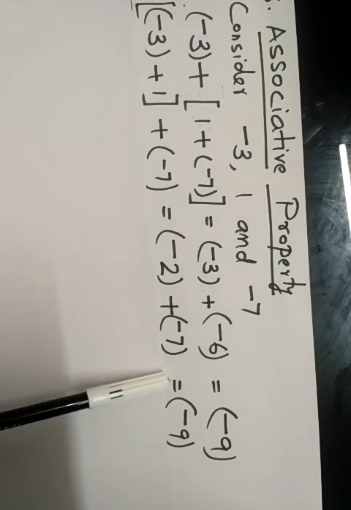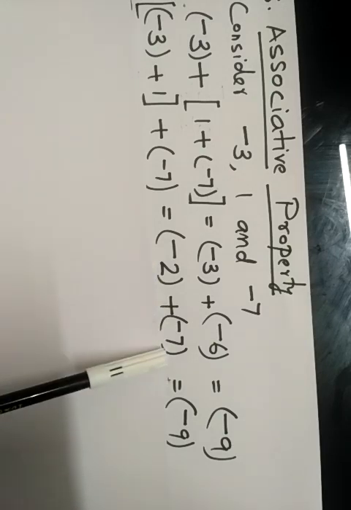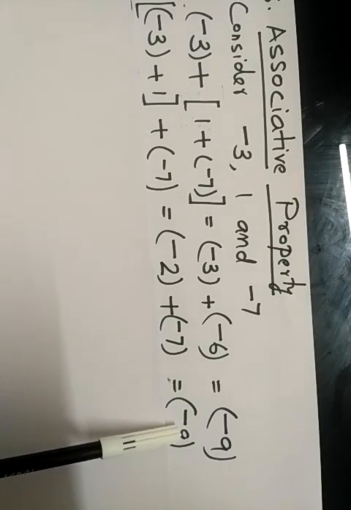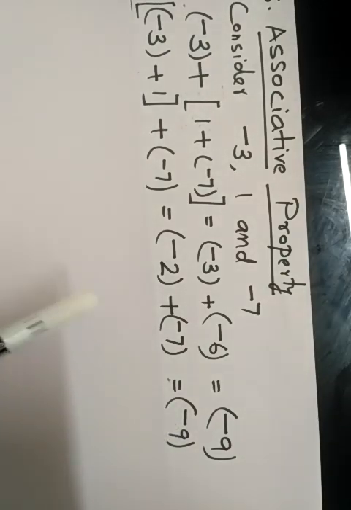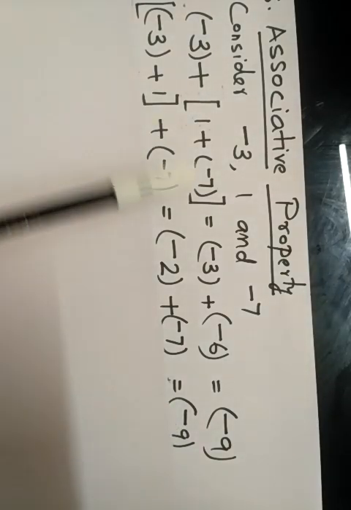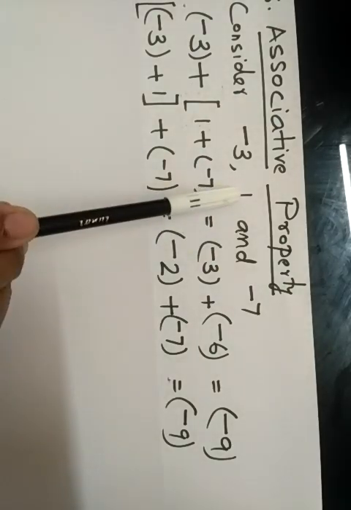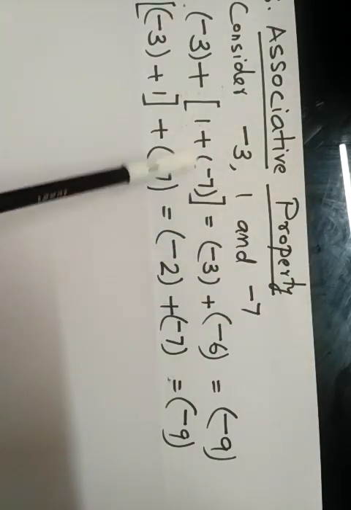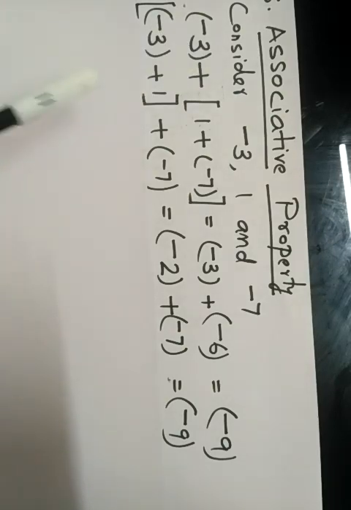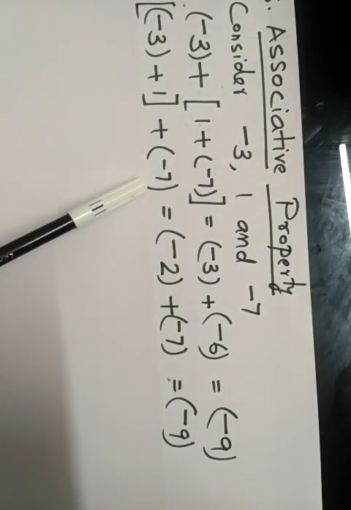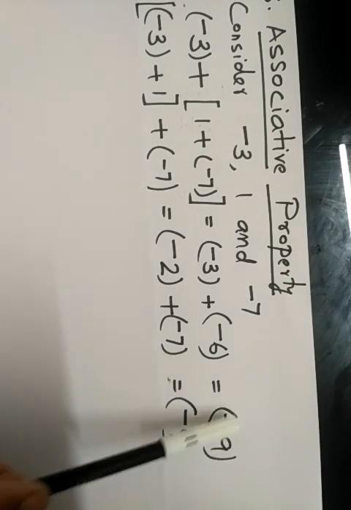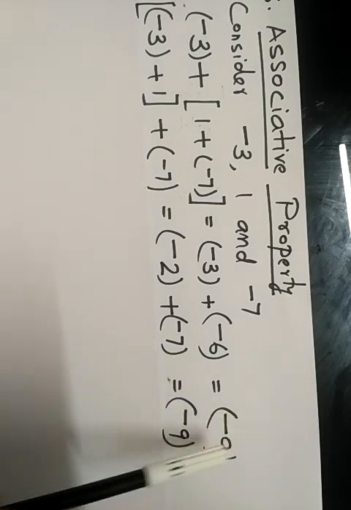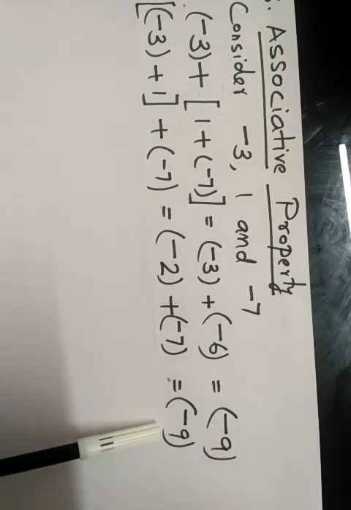What is minus 2 plus minus 7? It is equal to minus 9. Okay, what you see? In the first case, we added the second and third number together and the sum to the first one. In the second case, we added the first and second together and added it to the third integer. In both cases, we got the same sum, minus 9.